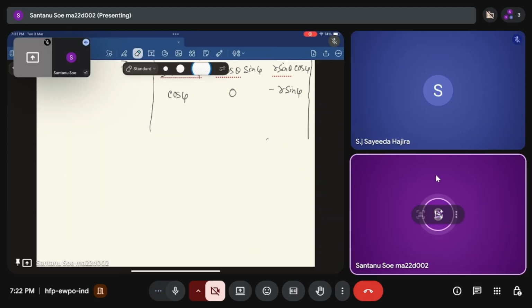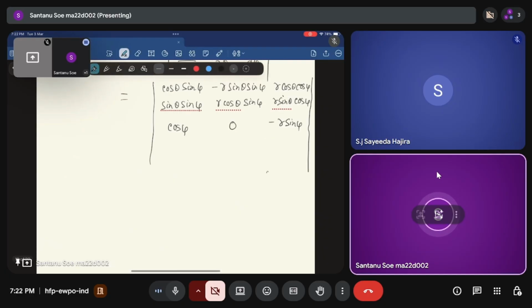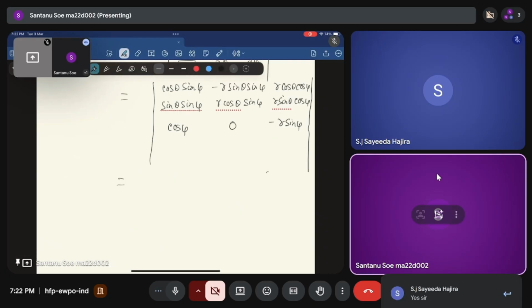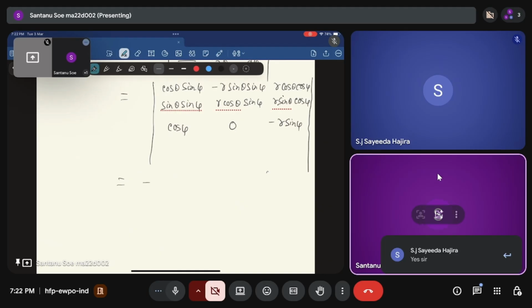Okay, so this determinant is gonna be minus of r square sin phi.